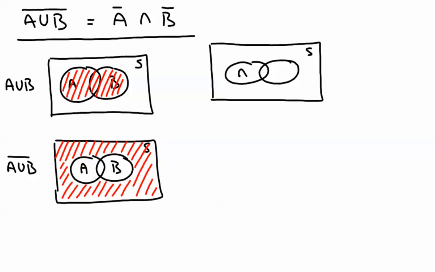Sample space, set A, set B. First thing I want to do is find A complement. That's everything inside of S that's not in A. Let's use a different color. So that'll be this green hatched area. All right? That is A complement.